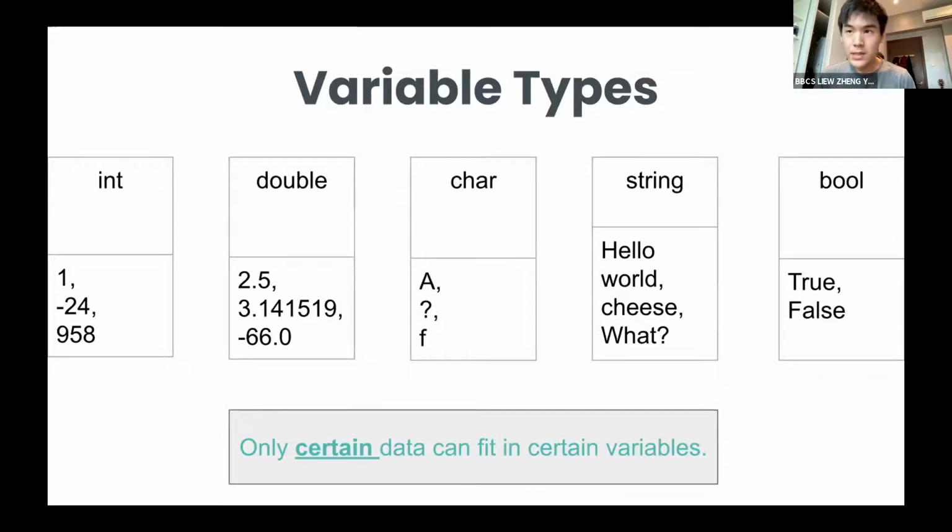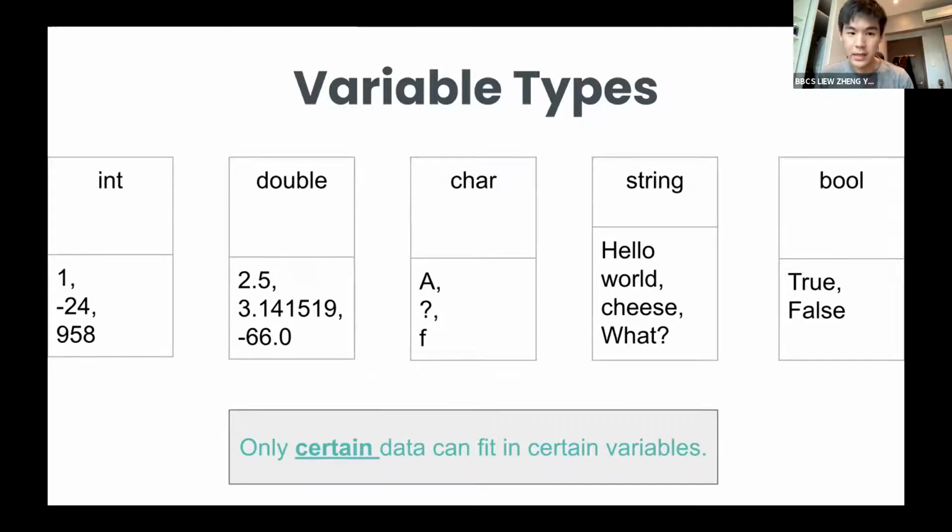We also have doubles, which are basically decimal numbers. So 2.5, 3.1415, this is pi basically, negative 66.0. These are all decimals, or doubles. We also have characters, like a single capital A, or a question mark, or lowercase f.